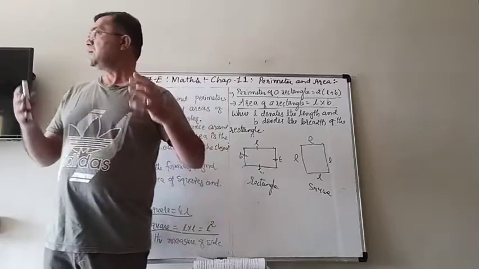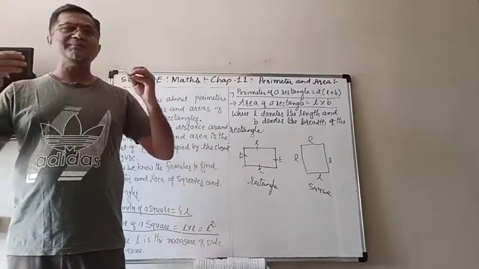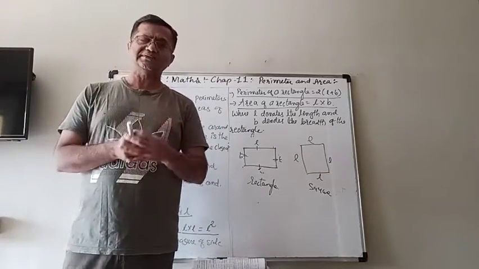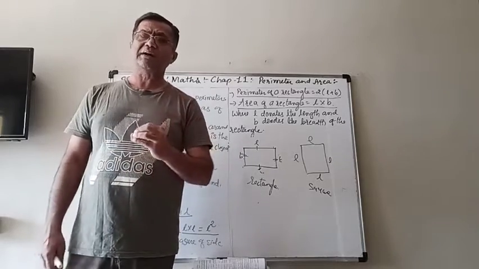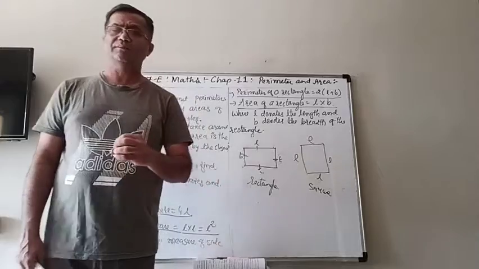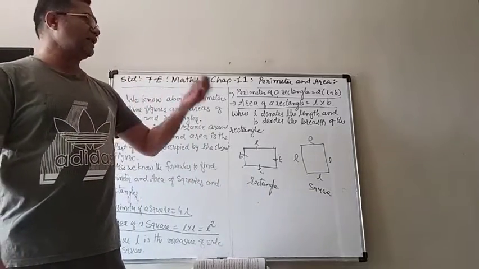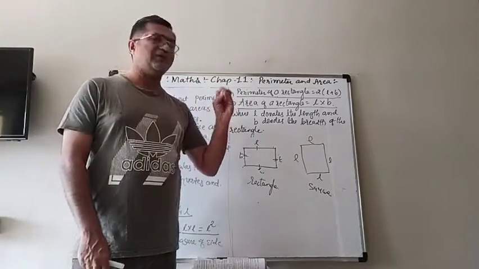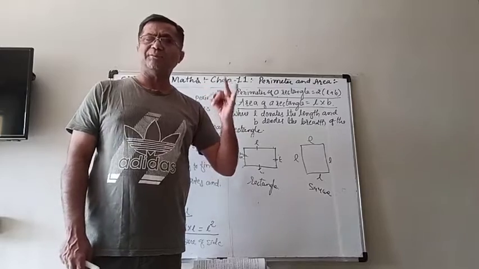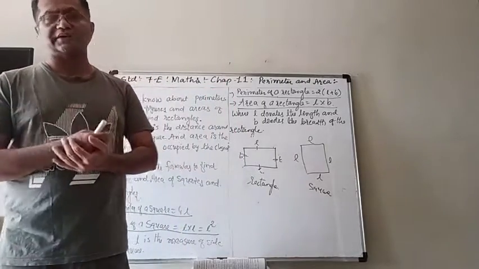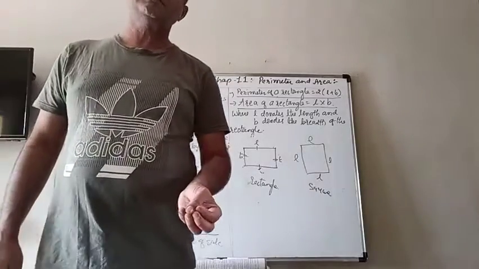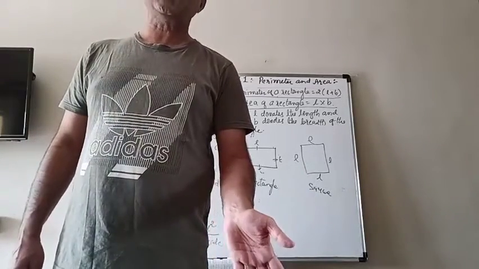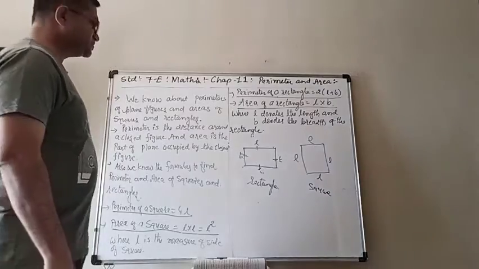So here the area and perimeter of square and rectangle are very simple. We just have to remember the proper formula and then put in the given values. We can find the area or the perimeter of a square or rectangle. Now, as I told you in the beginning, sometimes the description is given.